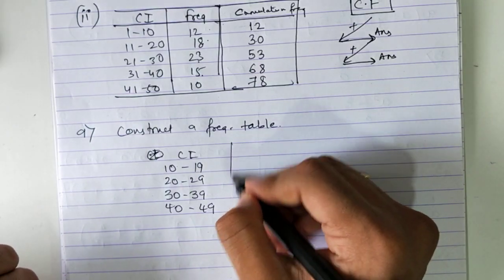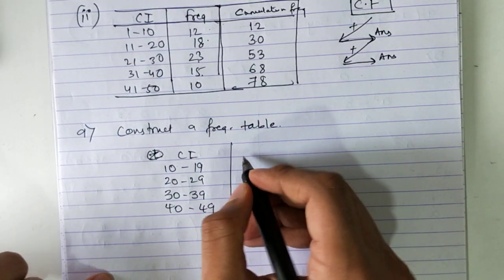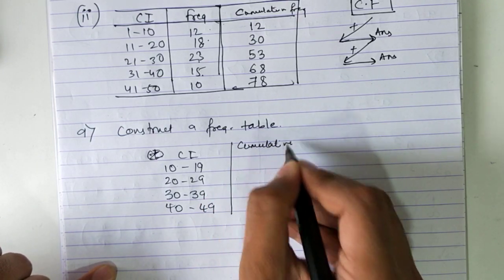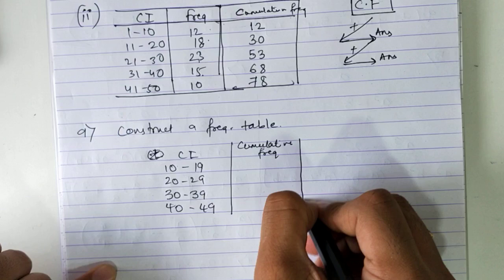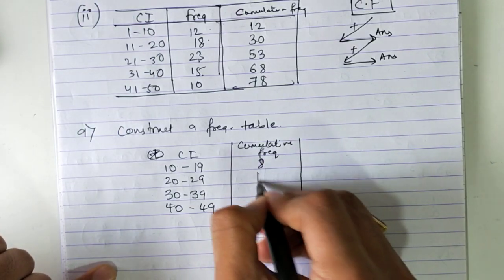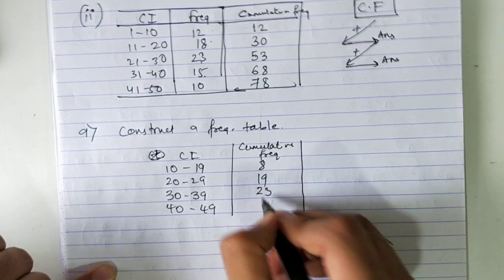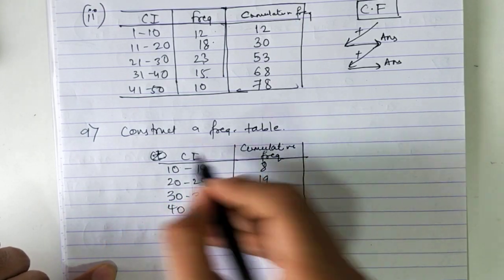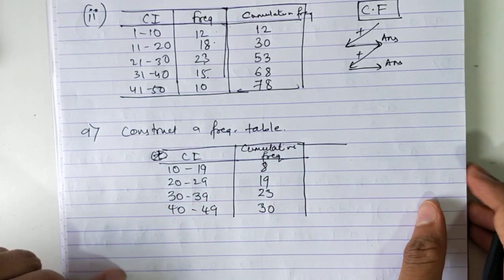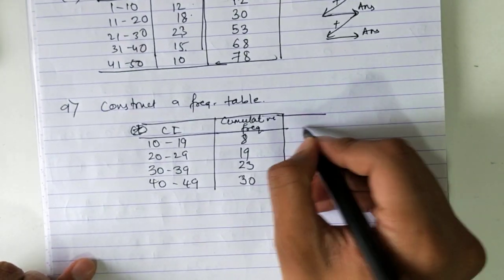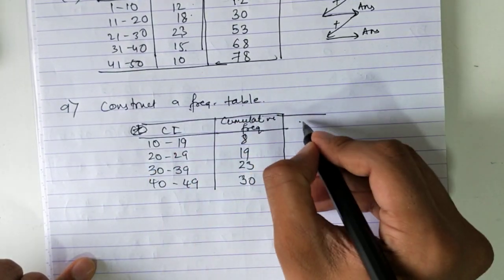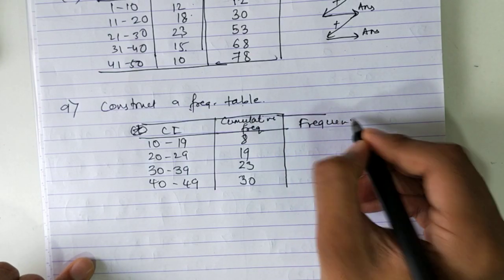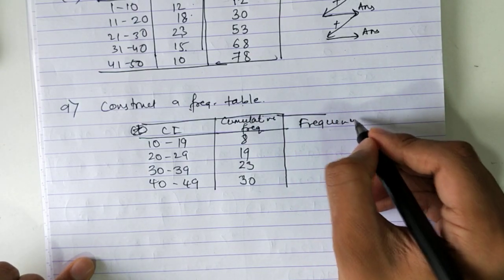Only 4 values are given, and the second column is already cumulative frequency. And what we have to find is the frequency table, so I'll write the third column as frequency.